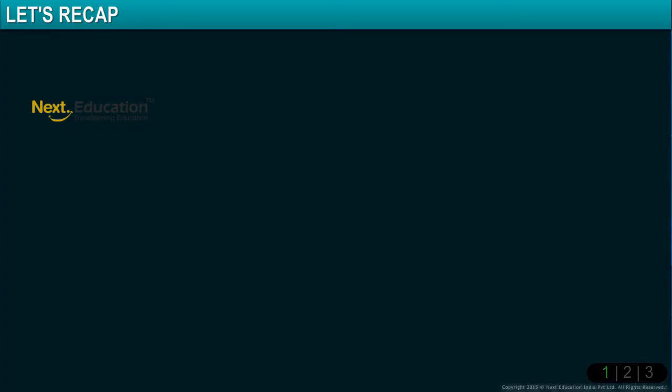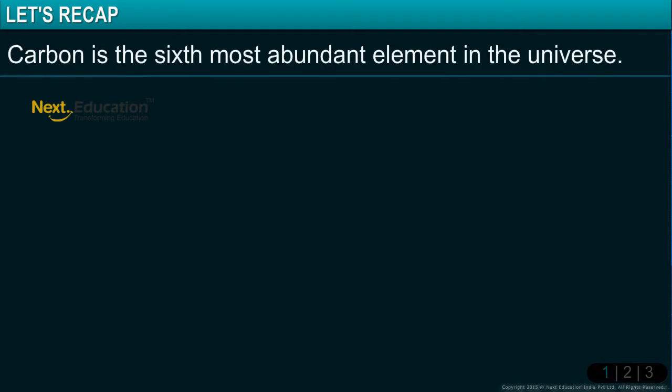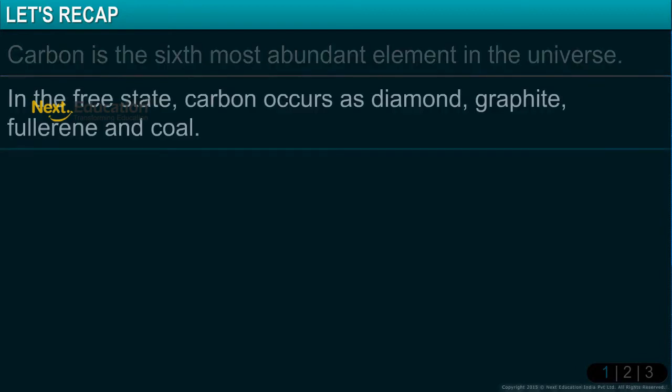In this module, you have learnt that carbon is the 6th most abundant element in the universe. In the free state, carbon occurs as diamond, graphite, fullerene, and coal.